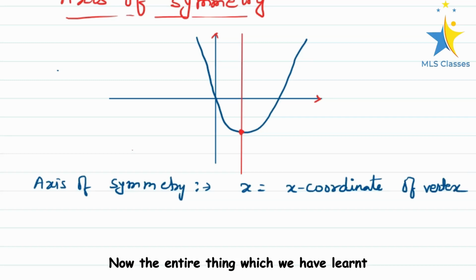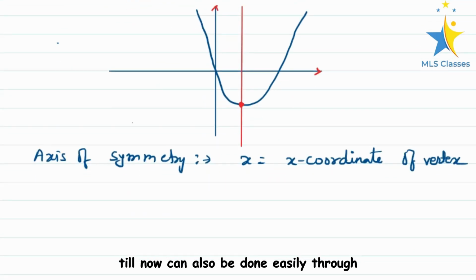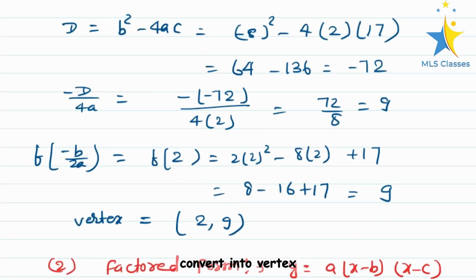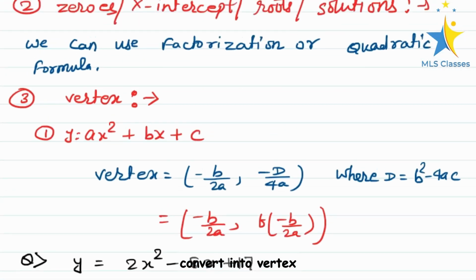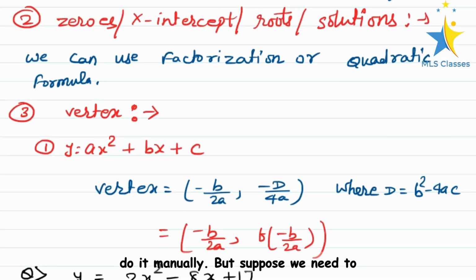Now the entire thing which we have learned till now can also be done easily through a Desmos graph, that means any graphing calculator. Converting from vertex to standard form, we can do manually. But suppose we need to convert from standard to vertex form, then we don't need to use so much of the completing the square method. We can simply use a graphing tool.